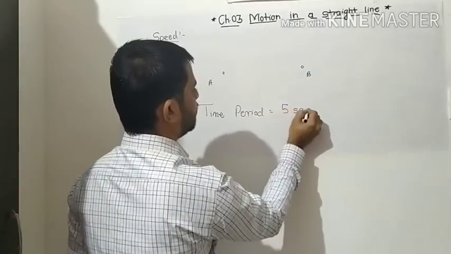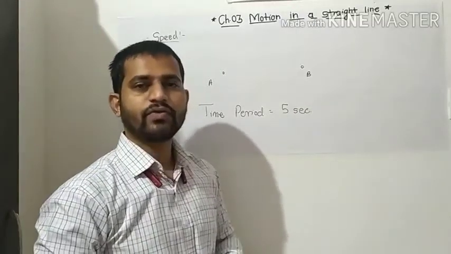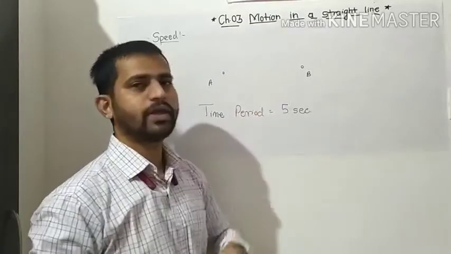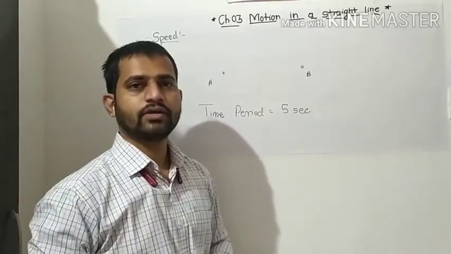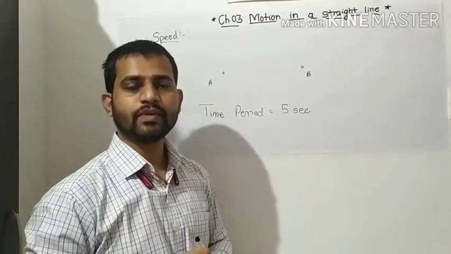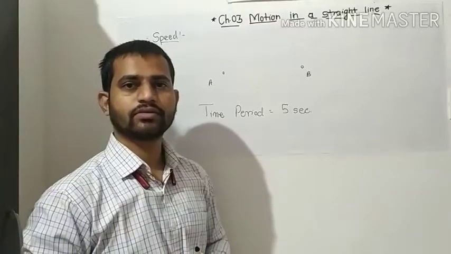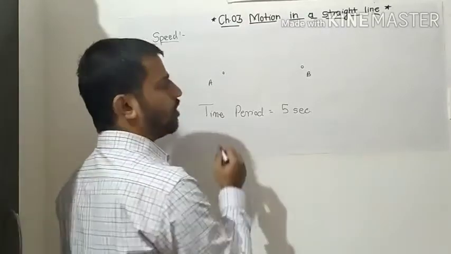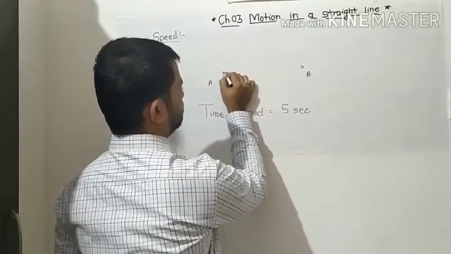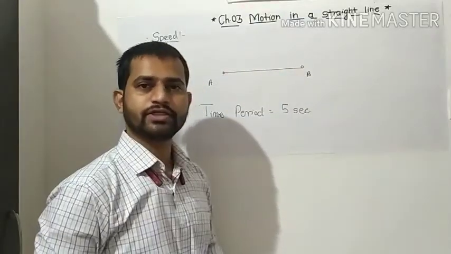If I tell you that you will require a 5-second time period to travel from point A to point B, then it is calculated by the minimum time, and for that the distance is minimum. How is the distance minimum? It is the straight line. This straight line will be the minimum distance.